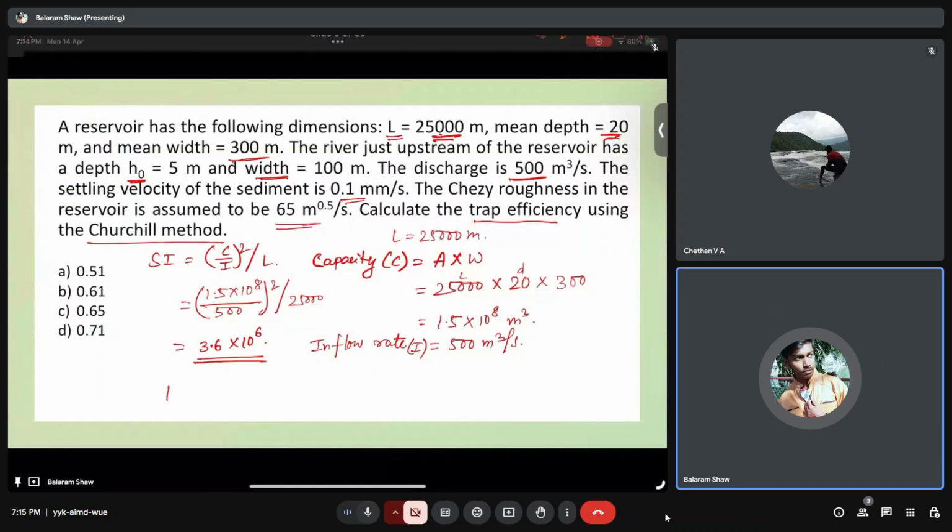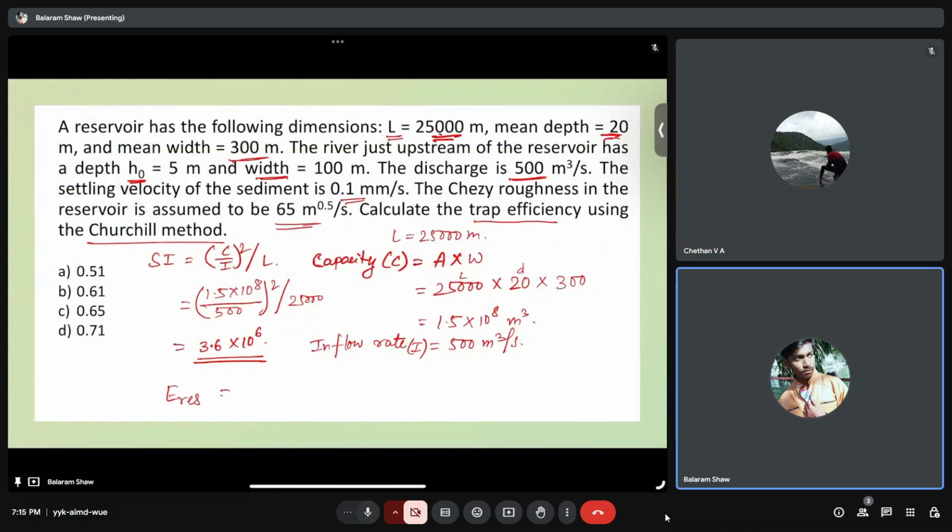So trap efficiency, V reservoir is equals to minus 20 plus 0.25 into SI to the power 0.63 divided by 7,500 plus SI over 0.63, right? So just put the SI value and tell me how much you're getting, and also check.